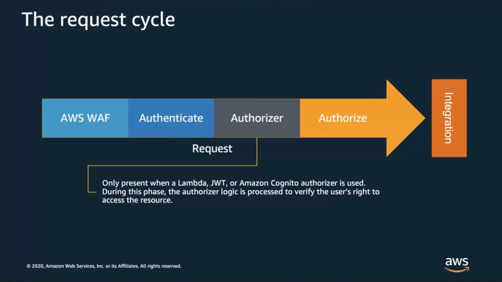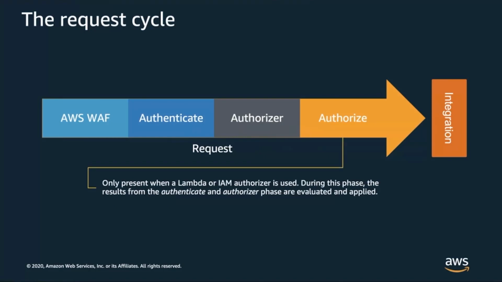If you are using Lambda, the JWT, or Amazon Cognito authorizer, then you will see an authorizer step in the request. And then lastly, the authorize step is present when you use either Lambda or IAM as part of your authorizer. So 4 different possible phases here that can exist as part of a request, again, depending on how you have configured your application.